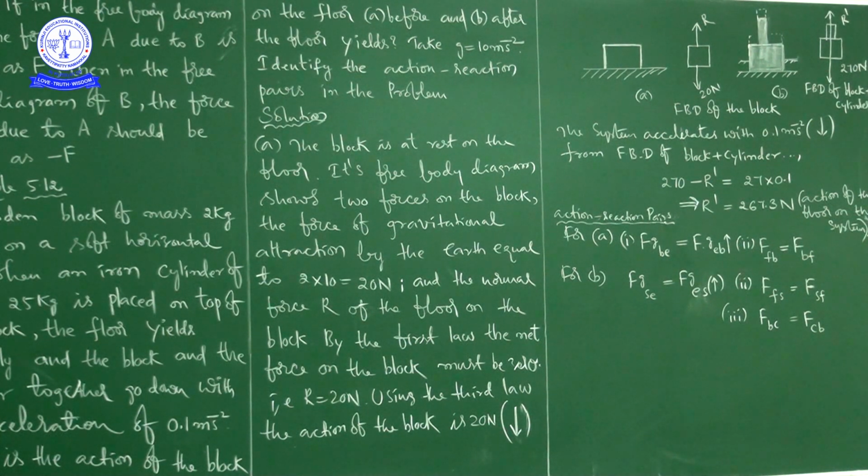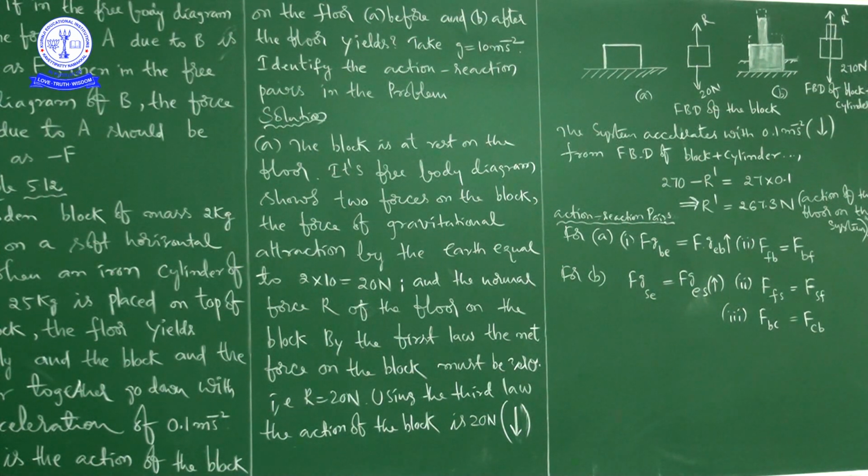So here itself, the force of gravity due to the earth is 270 newtons. Why is it 270 newtons? The mass of the block is 2 kg, and we kept a cylinder of mass 25 kg. So totally 2 kg plus 25 kg is 27 kg. 27 kg is the mass for the system consisting of block and cylinder.